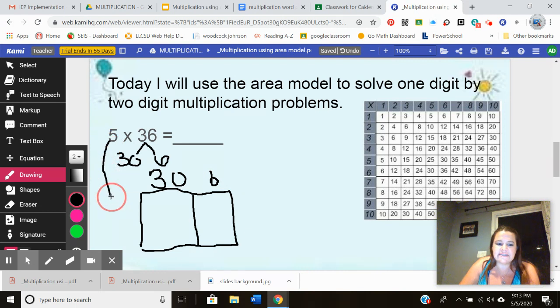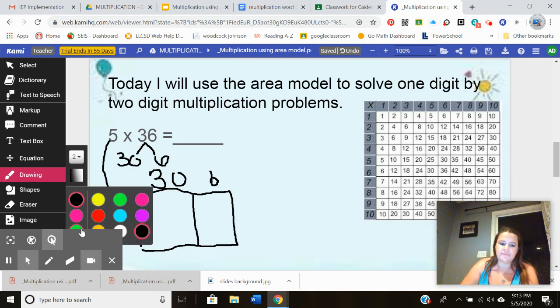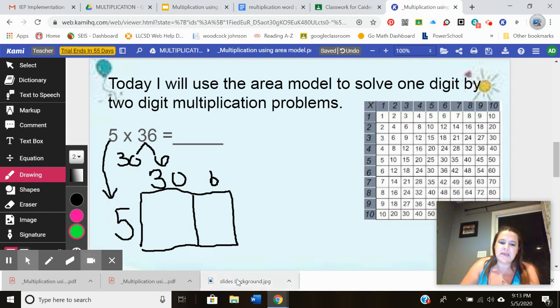I'm going to take this 5 and move it down here. All right, so now I'm going to find the product of 5 times 30. Remember, this is a 0 here, so I can place it on hold for a second, and I can go 5 times 3. 5 times 3 is 15, so I'm going to write 15 here.